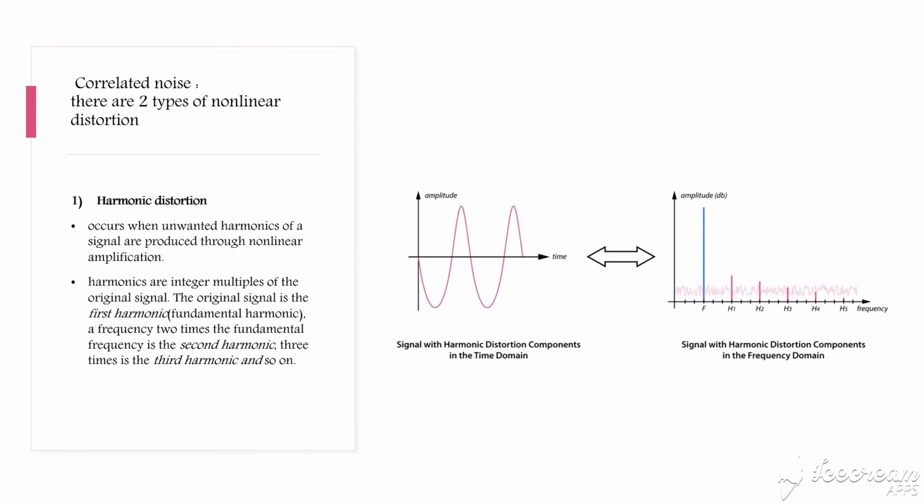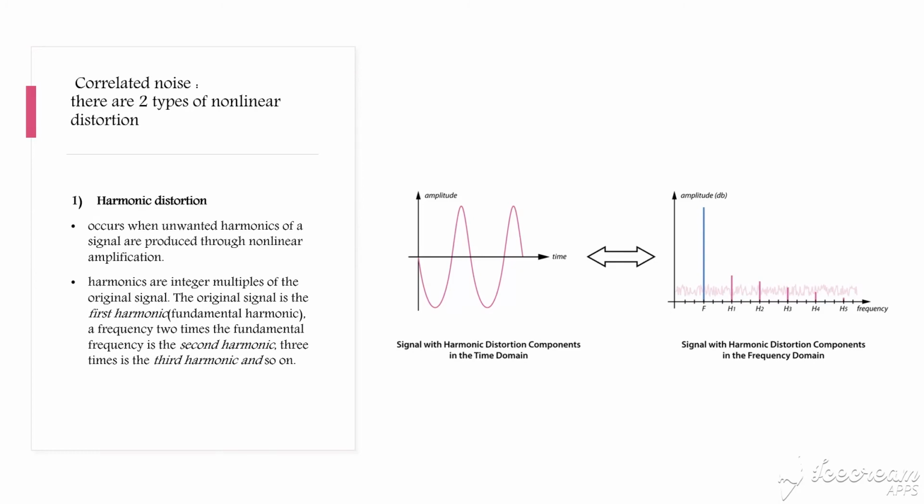The original signal is the first harmonic, the fundamental harmonic, and a frequency 2 times the fundamental frequency is the second harmonic, 3 times is the third harmonic, and so on. So let's look at the graph, or the plot. The blue frequency is the fundamental harmonic, that is the input, for example.